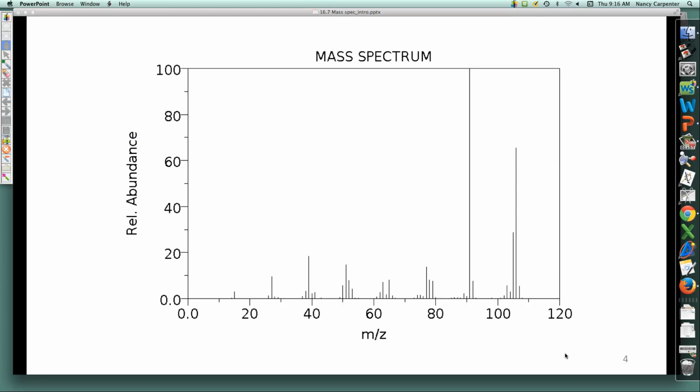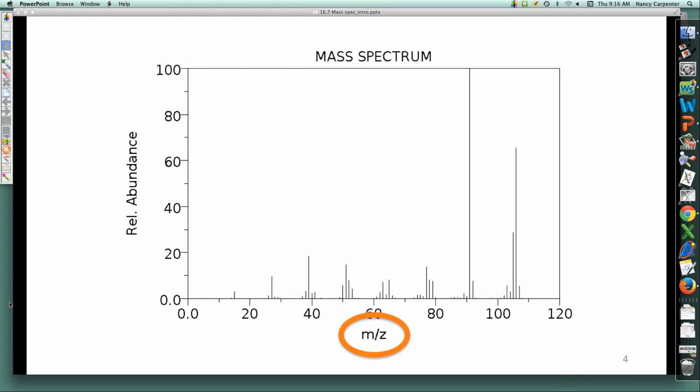This is the record of the data in a mass spectrum. So let's look it over. First of all, the x-axis is mass to charge ratio. Well, the charge is 99.9% of the time 1. It's just a single cation.